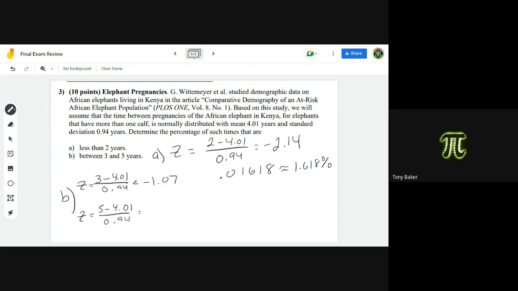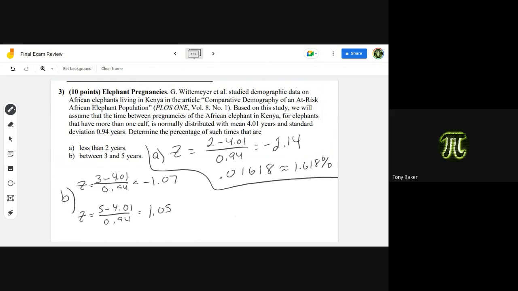And 5 is 1.05. Since it's looking at between those two, we're going to take the biggest one and subtract off the little one. That's going to get me the middle of it.